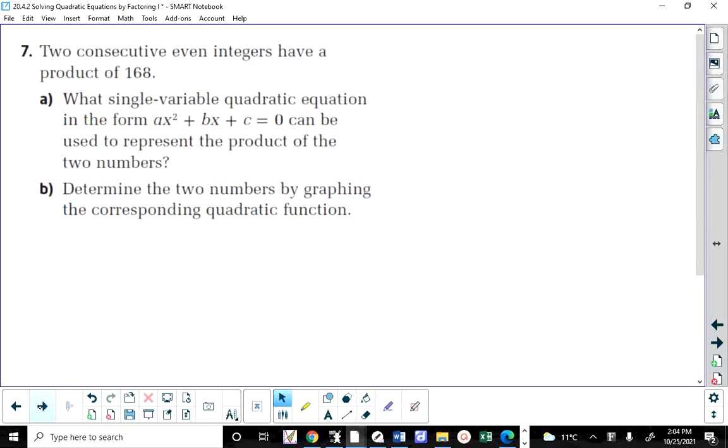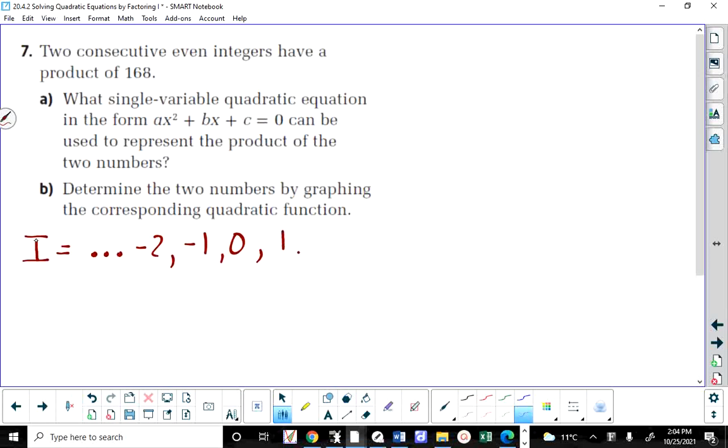So we have two consecutive even integers. So I'm going to start listing some integers. Integers extend to positive and negative infinity, so I can't write them all, but what I can do to abbreviate them is to say that the integers are numbers like -2, -1, 0, 1, 2, etc. And you know what?